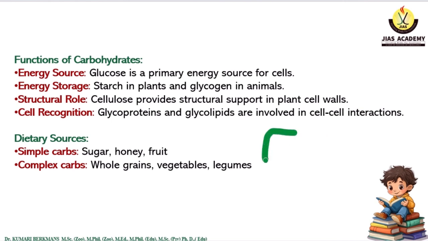For example, this is one cell and this is another cell, and the molecules move from this cell to the adjacent cell. That is called cell recognition. And dietary sources: simple carbs are sugar, honey and fruit, and complex are whole grains, vegetables and legumes.